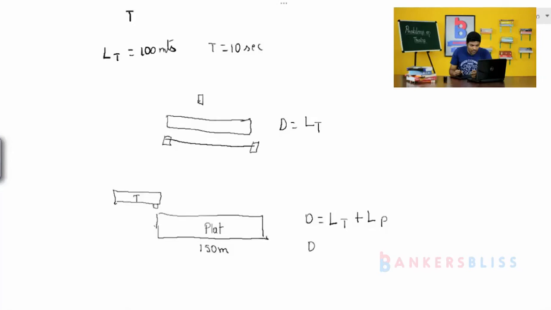If they ask about a bridge, then distance will be length of the train plus length of the bridge. If both the trains are moving, then total distance is equal to length of the first train plus length of the second train. When we get a negligible distance like a pole, electric pole or a man, we neglect that distance and take only the length of the train.